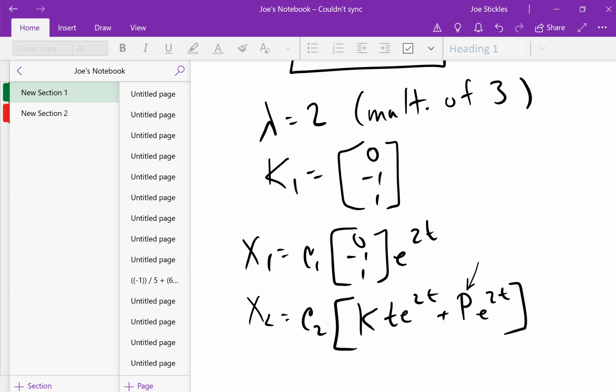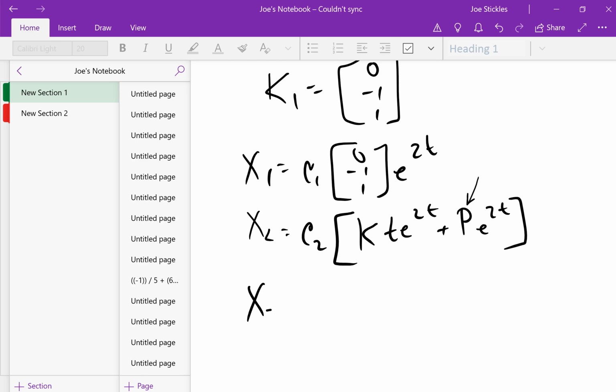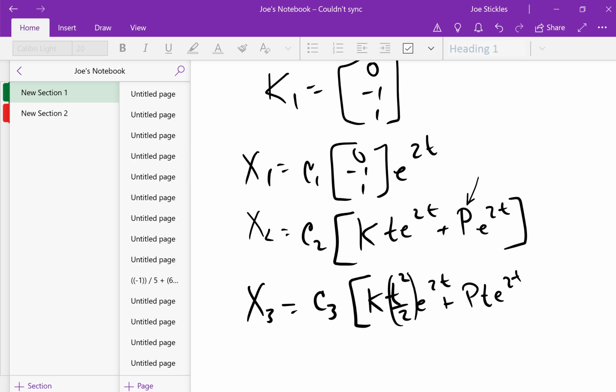We've got to figure out what this P is. And then also our x3 will be c3 times K t squared over 2 e to the 2t plus P t e to the 2t plus Q e to the 2t.